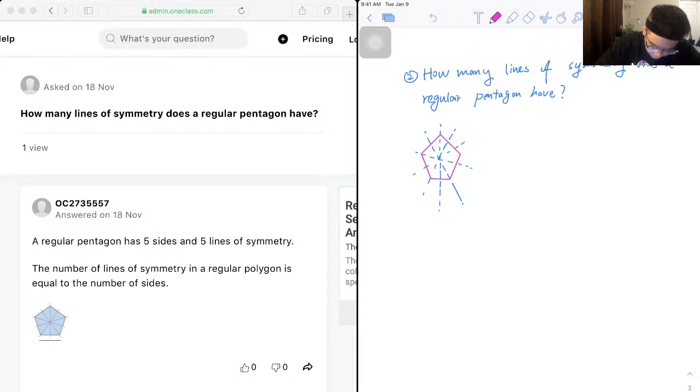So we can write our conclusion. So a regular pentagon has 5 sides and 5 lines of symmetry.